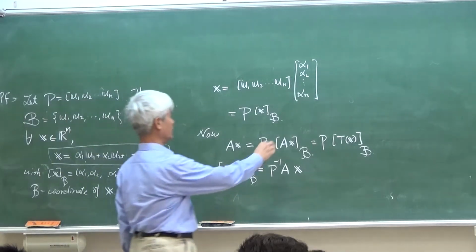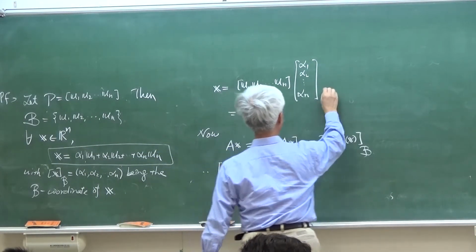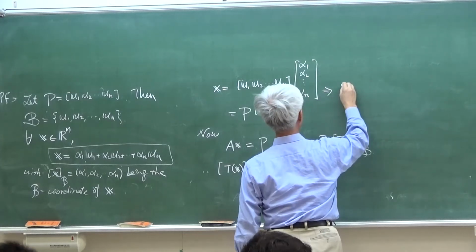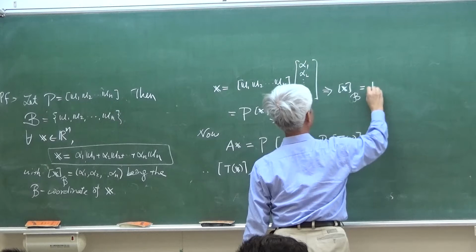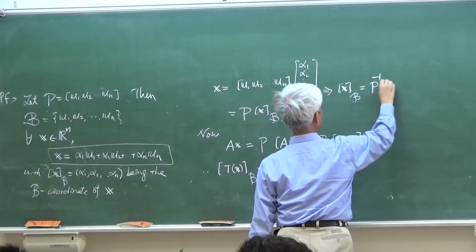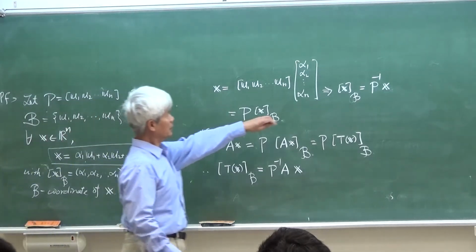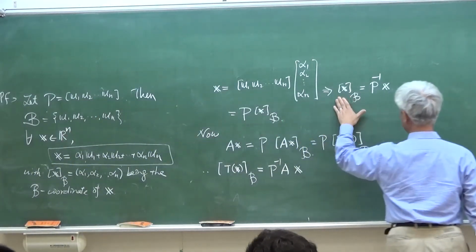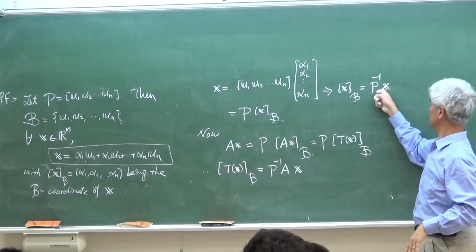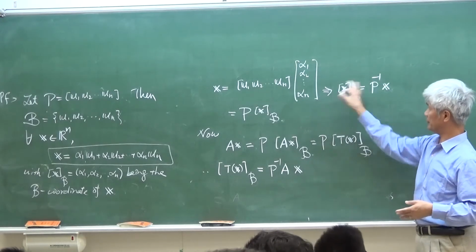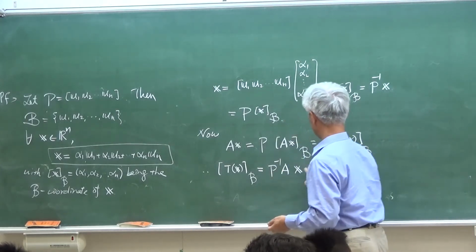Oh, by the way, I forgot to say, this implies the P coordinate of x is equal to P inverse times x. Sorry, forgot to say. Okay. All right. So we have that.